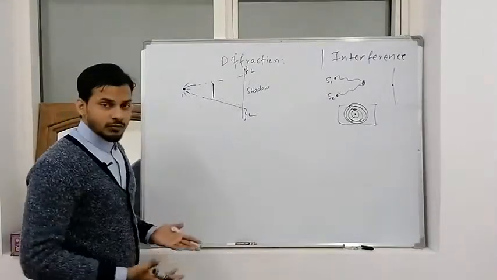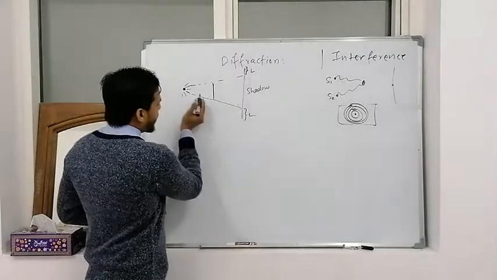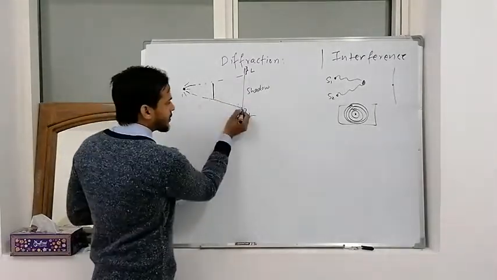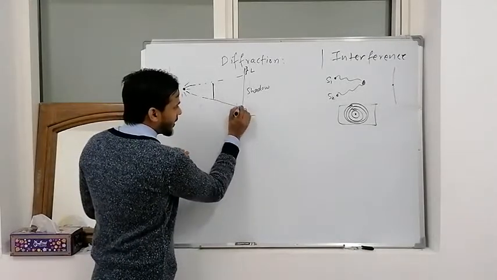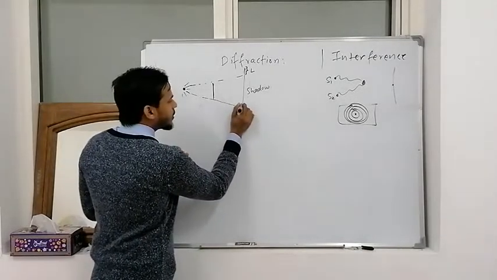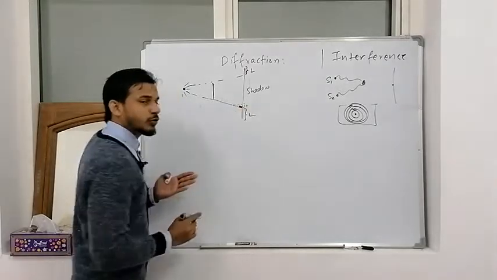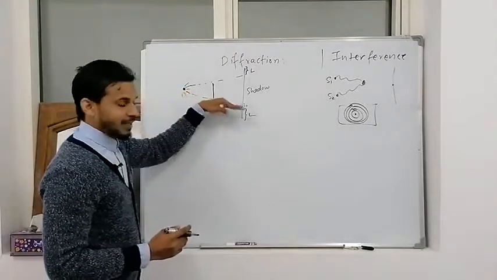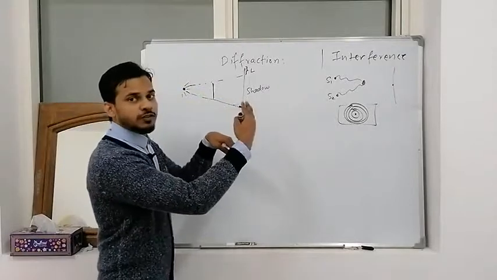So what is diffraction here? The shadow is not perfect. It's not very dark all the way up to here; somewhat there is light, some light here also. Some light bends from the obstacle and enters into the region of shadow.